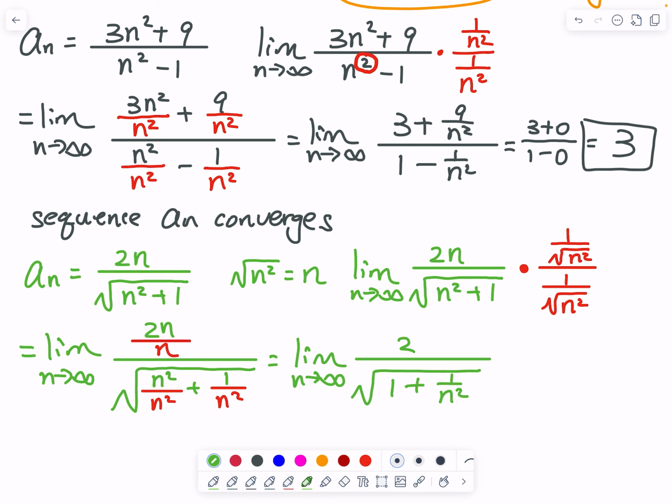When n approaches infinity, this little fraction is equal to 0, and therefore we have 2 divided by the square root of 1 plus 0, which is equal to 2.